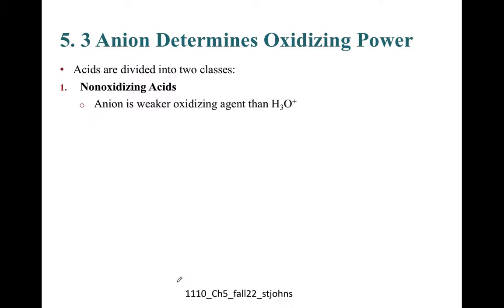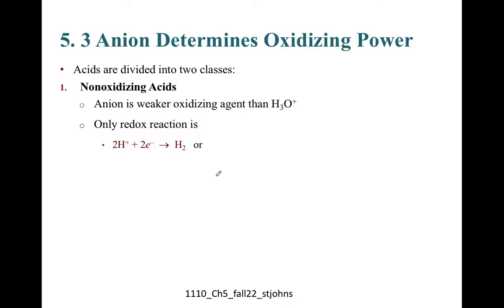Anion determines oxidizing power. Normally, we consider two kinds of acids: non-oxidizing acids and oxidizing acids. So, which are the non-oxidizing acids?